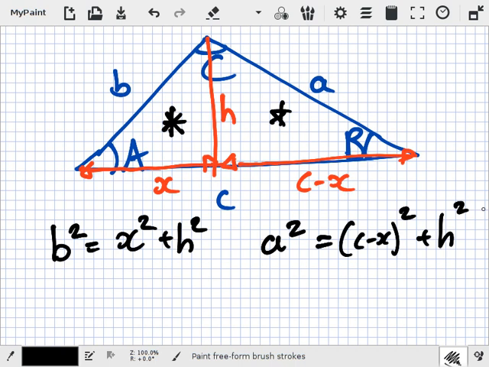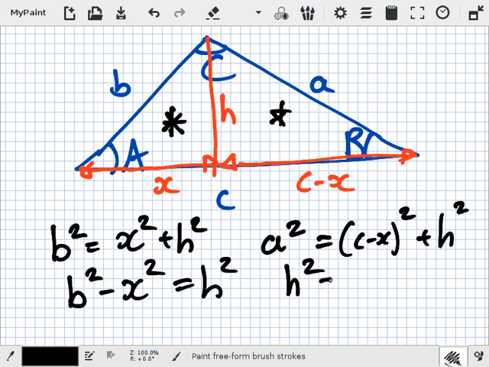Now, what will we do? We'll clean this up a little bit. We'll say b squared minus x squared equals h squared, and here we'll say h squared equals a squared minus (c minus x) squared.